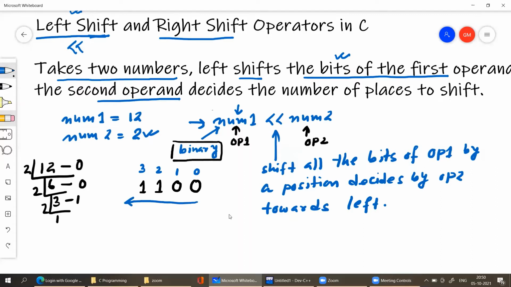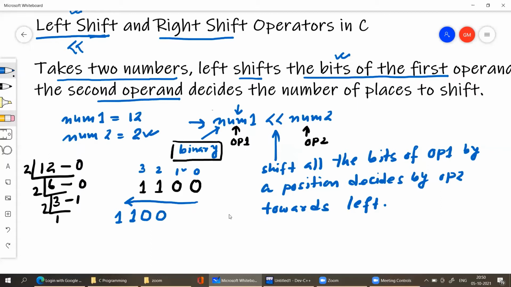If I shift the bit in the third position, it becomes the fifth position. If I shift the bit in the second position, it becomes the fourth position. Similarly, the bit in position 1 becomes 3, and the bit in position 0 becomes 2.